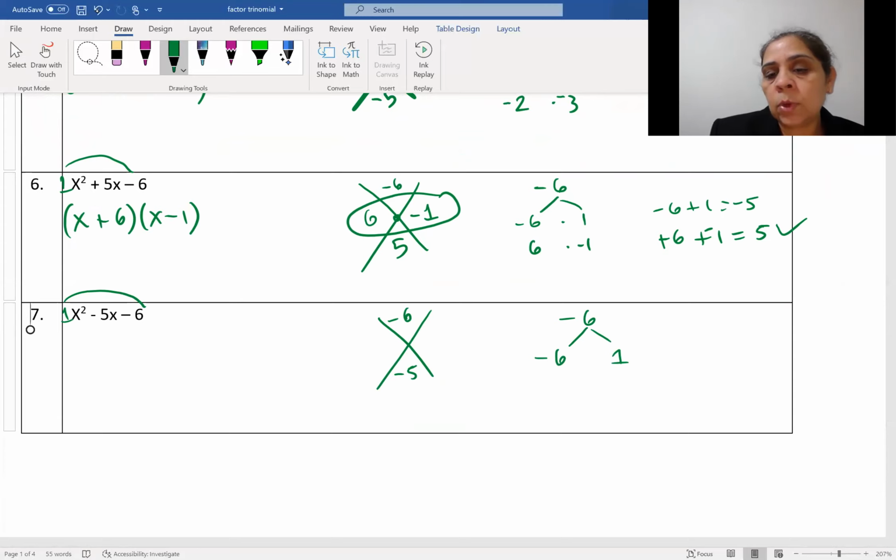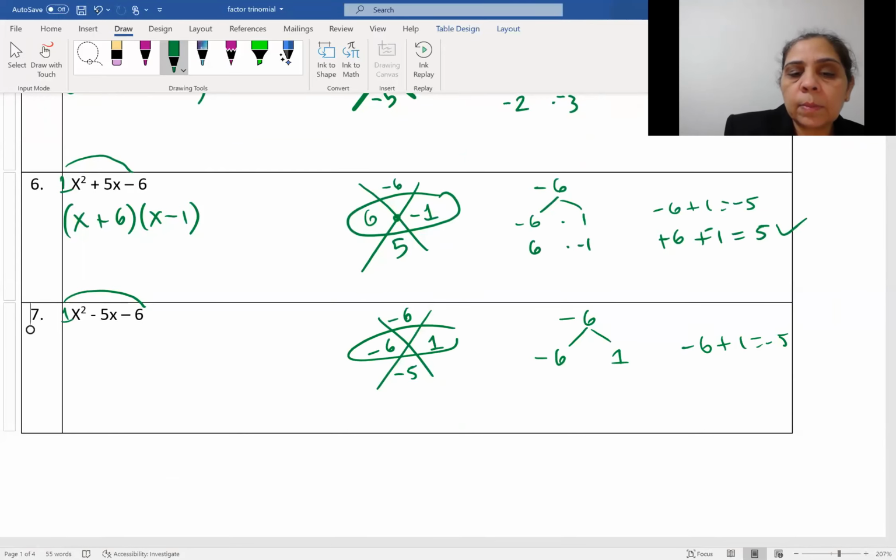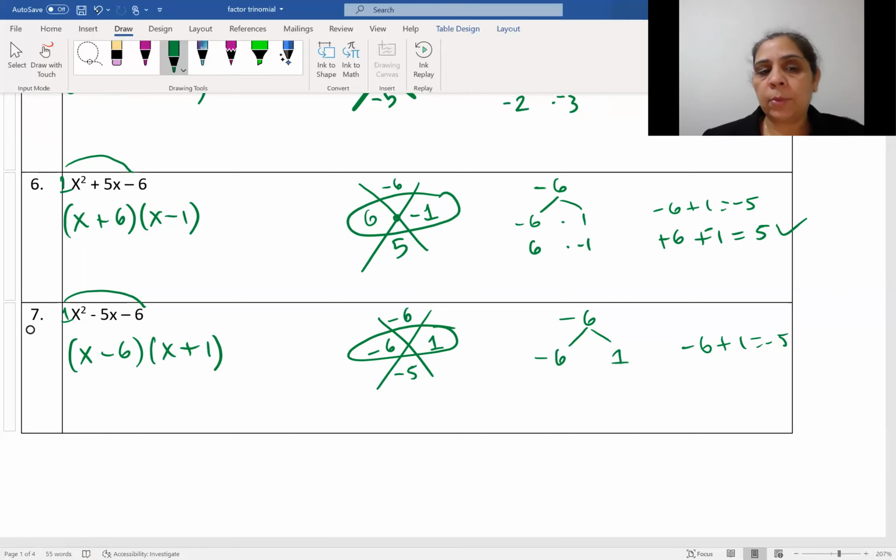Negative 6 plus 1 is negative 5. That will work. So negative 6 and 1. So I can write the two factors of this: x minus 6, x plus 1. And that's it. If you want to check your answer, you can use the FOIL method, or you can use the distributive property and do the product of these two binomials. You will get back x squared minus 5x minus 6.